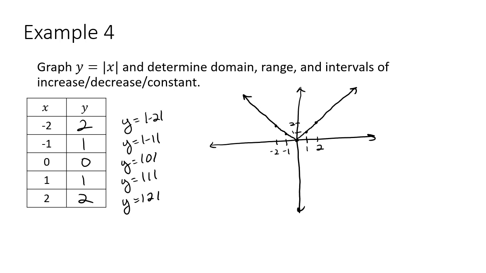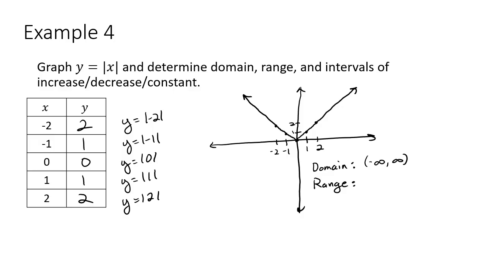And so we're going to get a graph that looks like this. For the domain, this thing goes forever to the left, forever to the right. We also mentioned this from equations back in 2.1. The domain of an absolute value function is all real numbers.